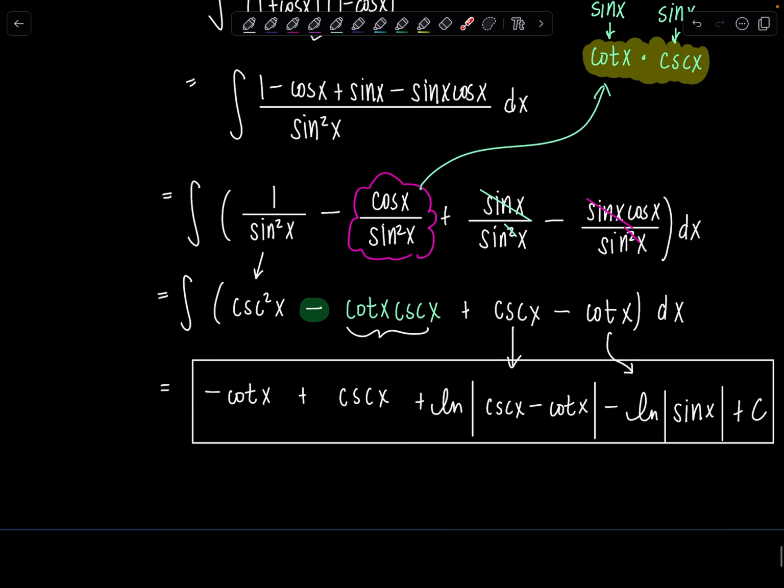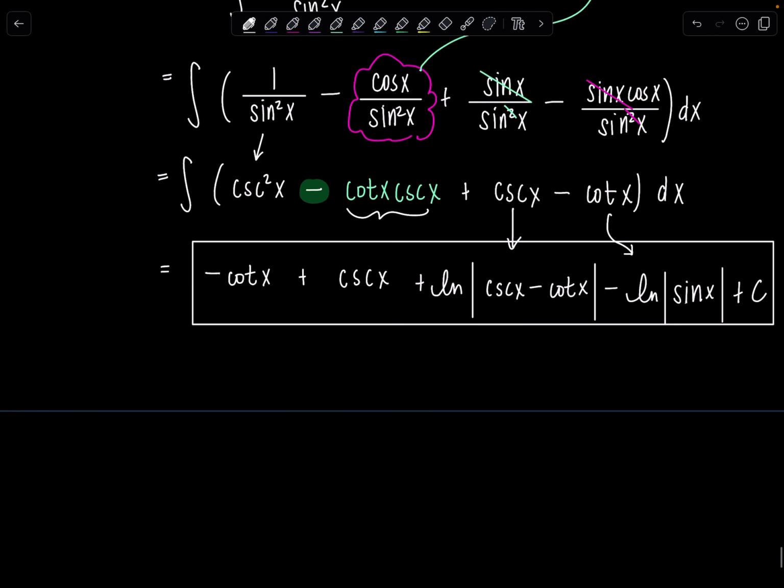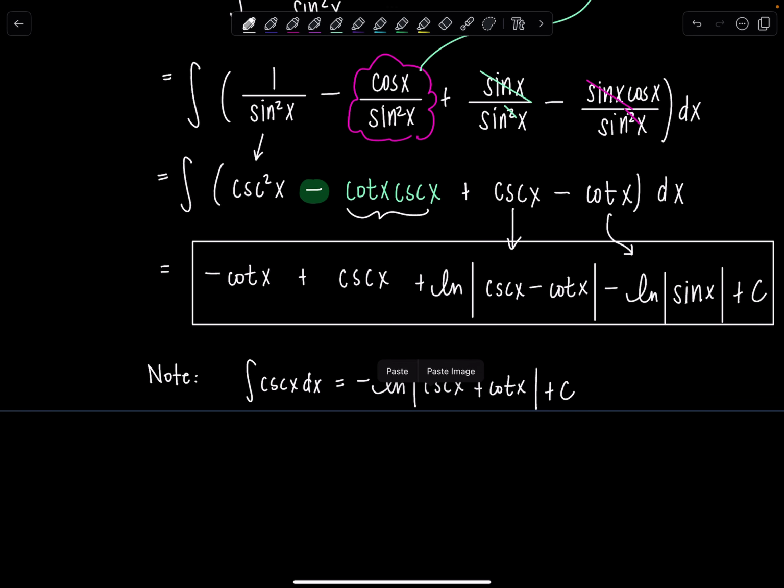And then the other thing that's important is that you realize, just as a note, the antiderivative of cosecant x dx has multiple forms. I'm just going to show you the two most popular. You could use negative natural log absolute value cosecant x plus cotangent x plus c, or what I had above, natural log absolute value cosecant x minus cotangent x plus c.